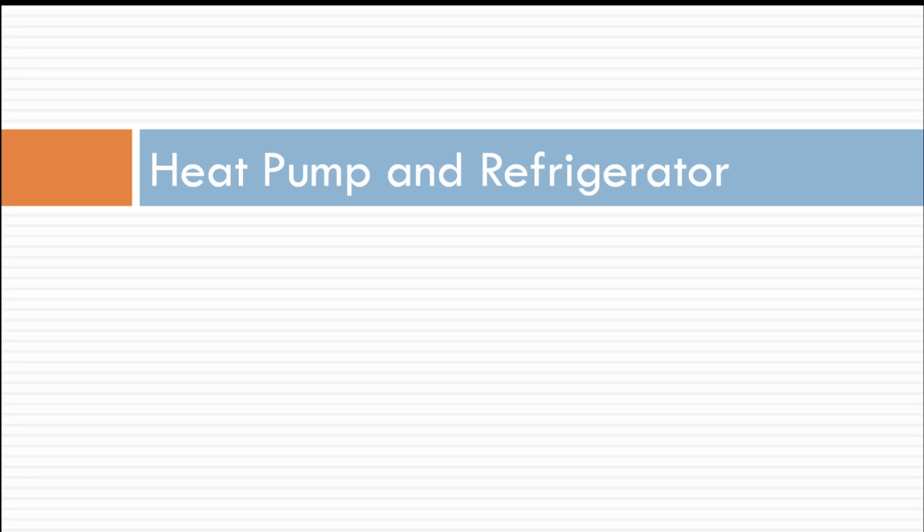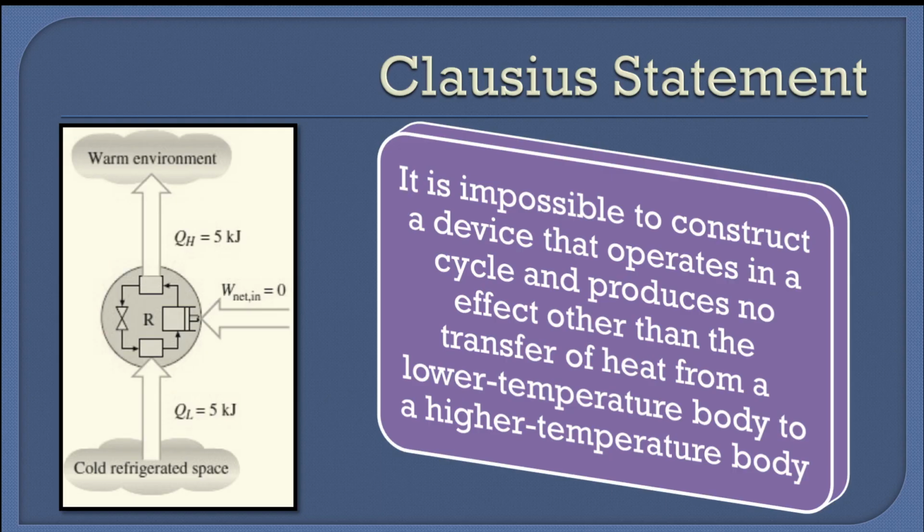Please recollect the Clausius statement of second law of thermodynamics, where we have seen that the transferring of thermal energy from a low temperature reservoir to high temperature reservoir is impossible for any machine operating in a cycle without the help of an external aid.